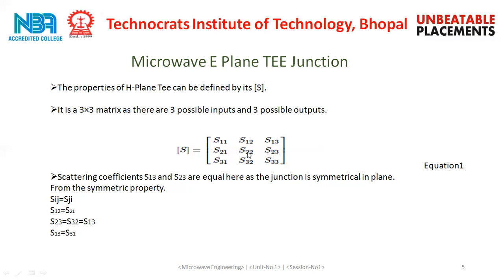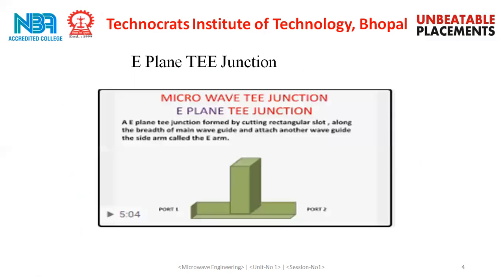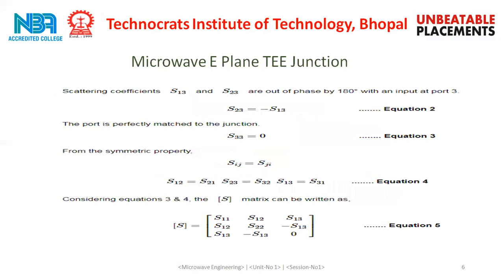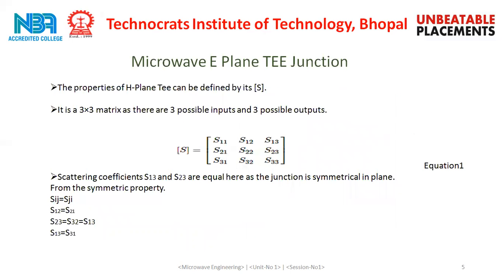In this generalized scattering matrix, S13 and S23 are related, because, see students, whatever power is input from port 3 will be divided between port 1 and port 2 in equal amount and opposite phase.